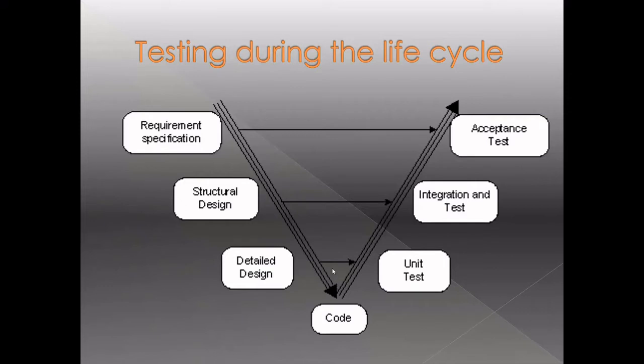So the mapping of testing and the software lifecycle matches this letter V. So as you see, the final testing has to be mapped with requirement specification. So please remember this diagram also. What is most important here is how the final testing maps with the first phase of the software life cycle.